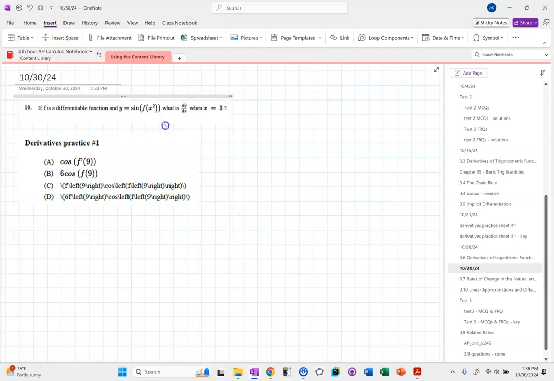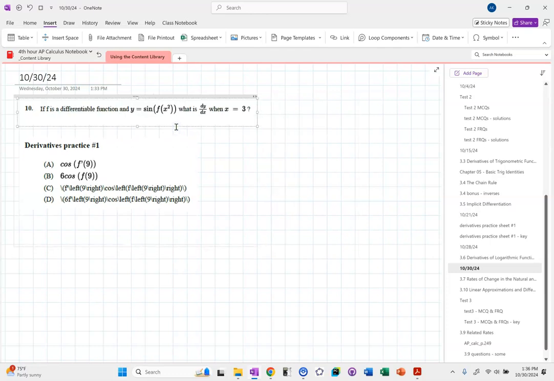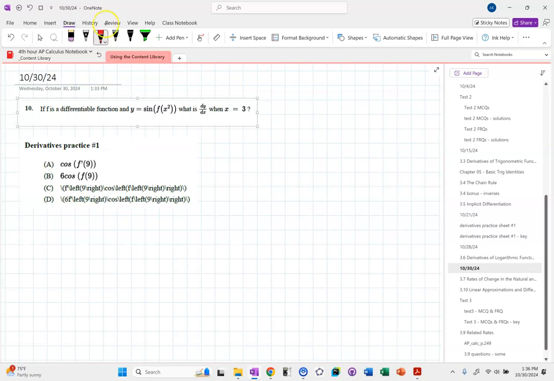Let me just translate this from LaTeX to what those 2 answers would have looked like.